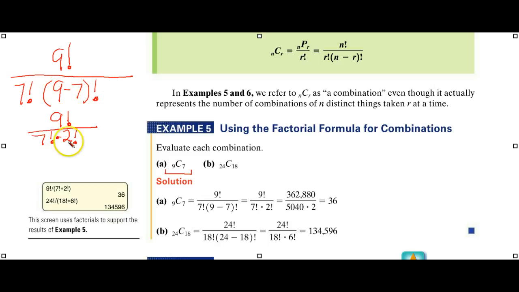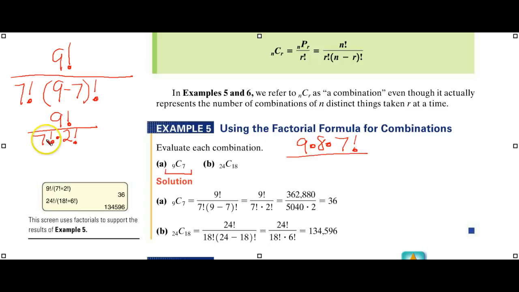This subtracts and gives us 2 factorial. Now, in figuring this out, we can go 9 times 8 times 7 factorial on the top.